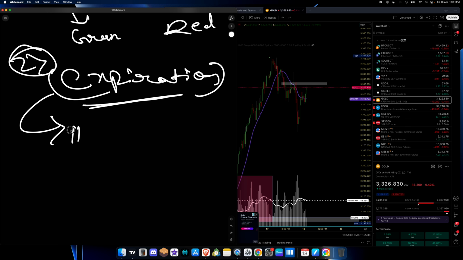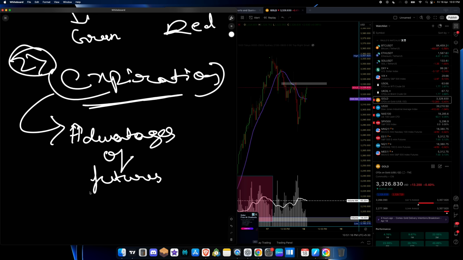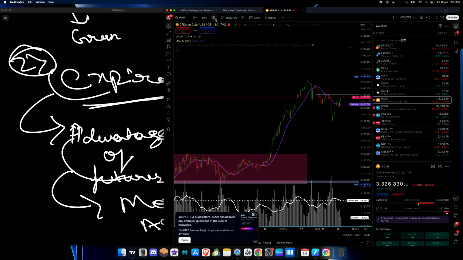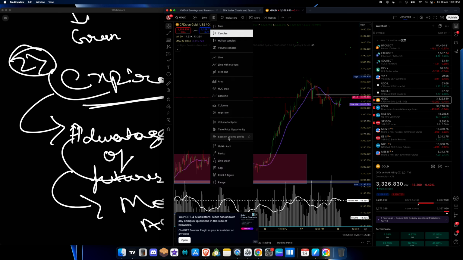Let me show you the advantages of trading futures: you get more accuracy while trading. Why more accuracy? Because when you are trading CFDs, you just have access to the chart, candlestick charts or basic Heikin Ashi charts.